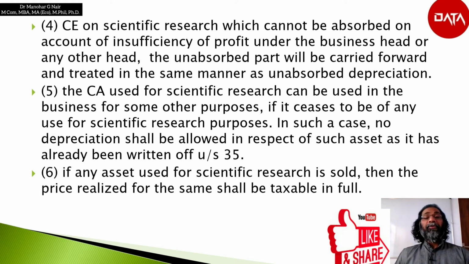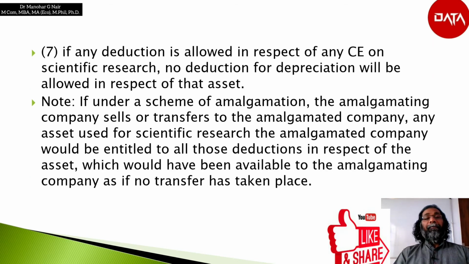If any asset used for scientific research is sold, then the price realized for the same shall be taxable in full. If any deduction is allowed in respect of any capital asset on scientific research, no deduction for depreciation will be allowed in respect of that particular asset.